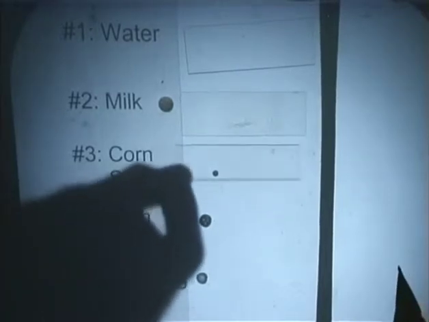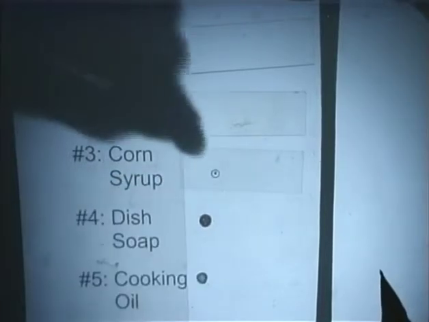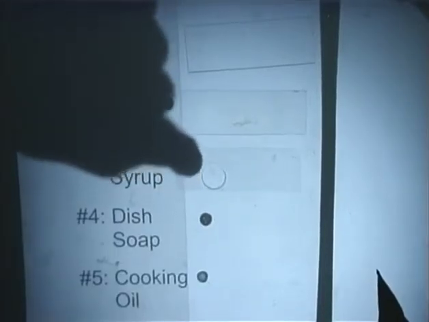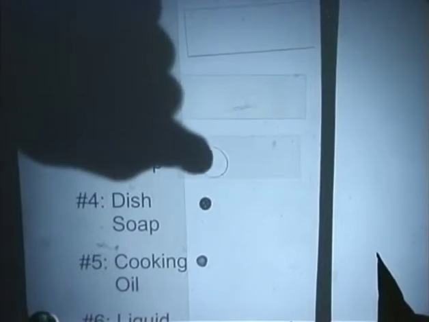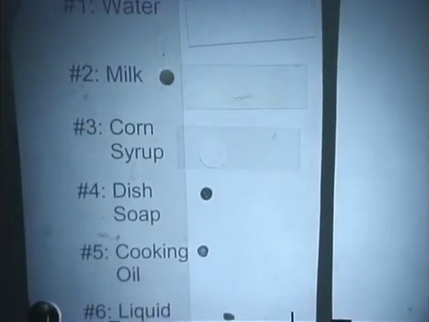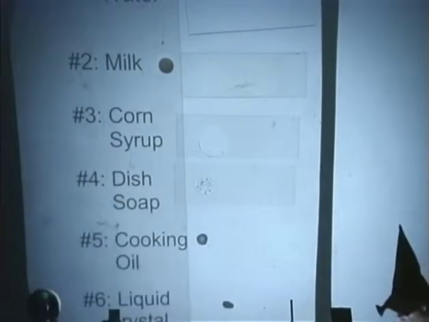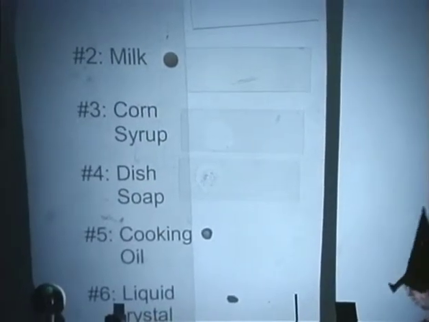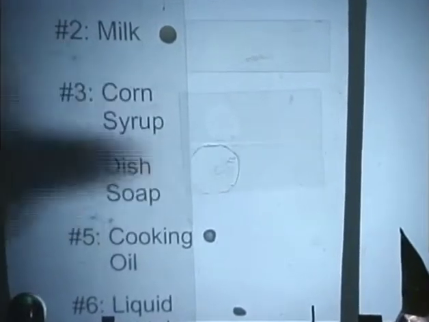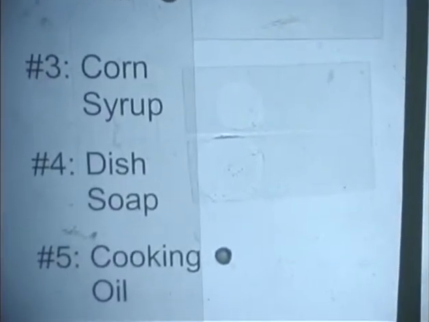Here's our corn syrup. Okay, that's getting a little softer now that it warmed up. Okay, now the dish soap, let's see what that's going to do here. Okay, that spreads out pretty nicely.